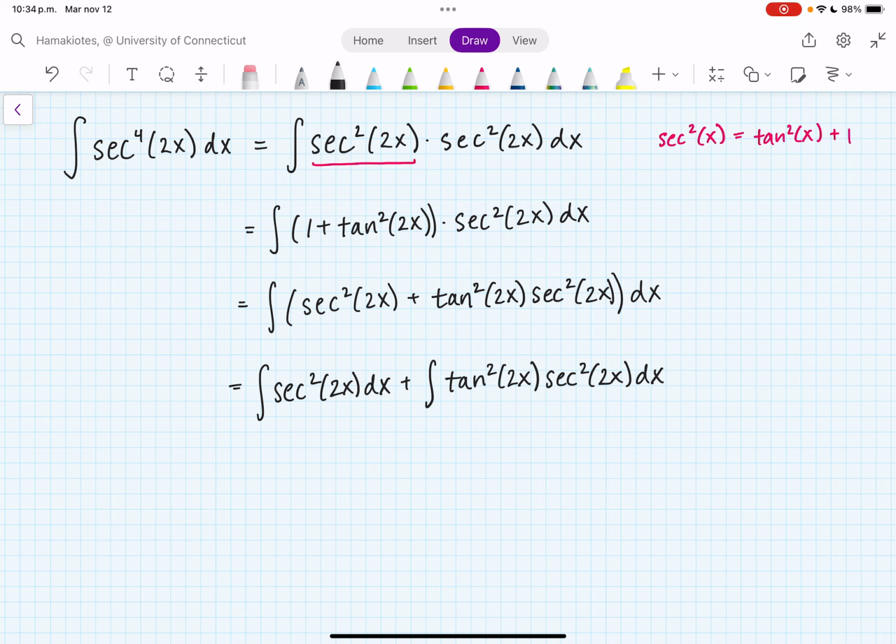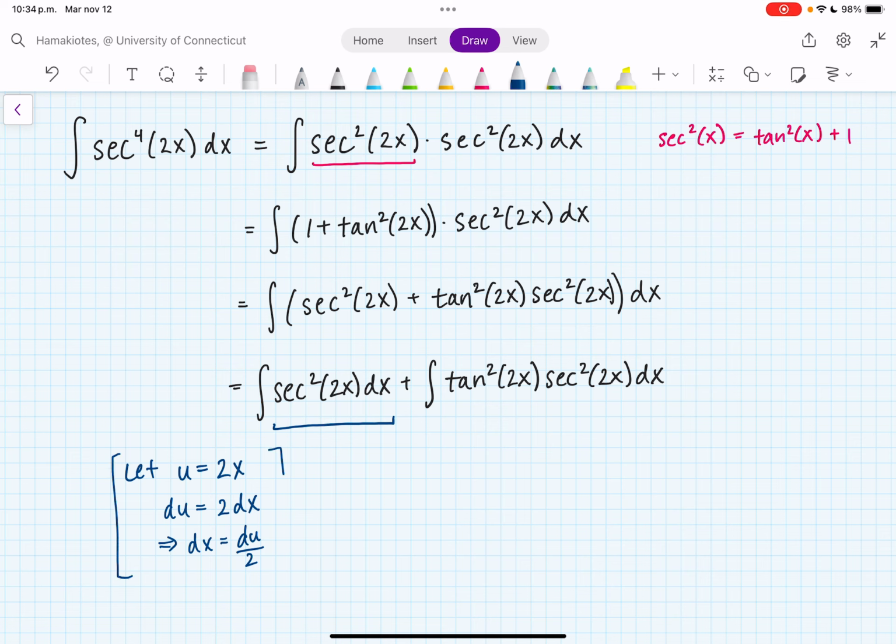So let's first consider the first integral, secant squared of 2x dx. For this integral, I'm going to let u equal 2x. So then du is 2 dx. So in particular, dx is equal to du over 2.